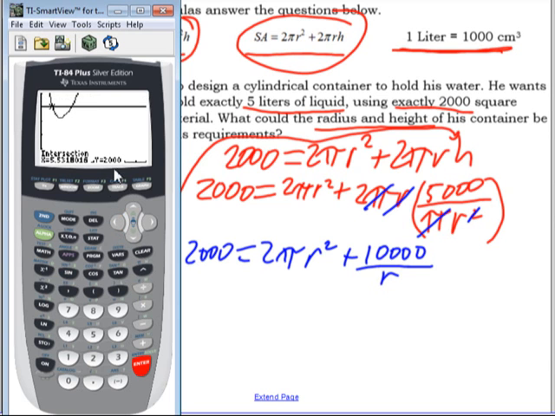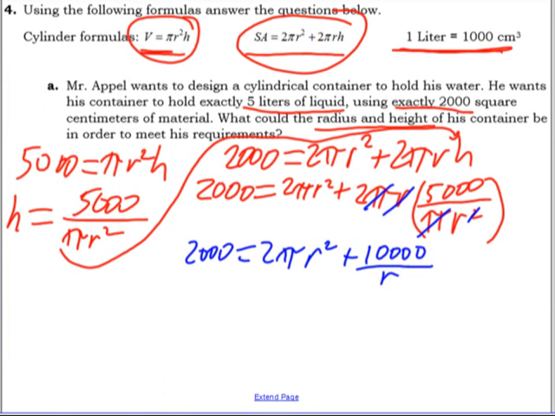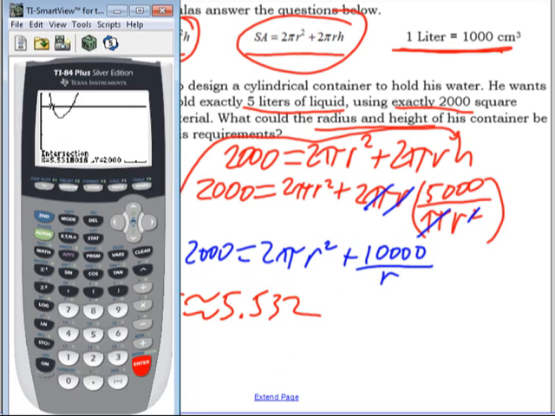Press enter, and there's my intersection. I see when x is about 5.532. I see that that works. So I'm going to go ahead and put in when x, or in this case r, is about 5.532. That was a possibility.